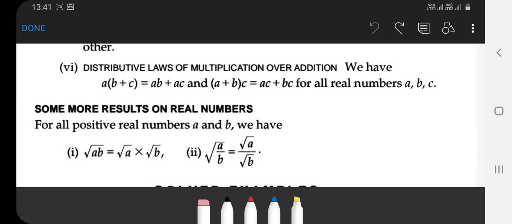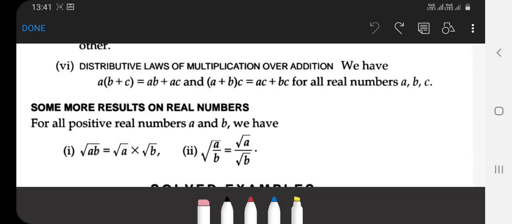Distributive law of multiplication over addition. We have a, b and c as three real numbers.